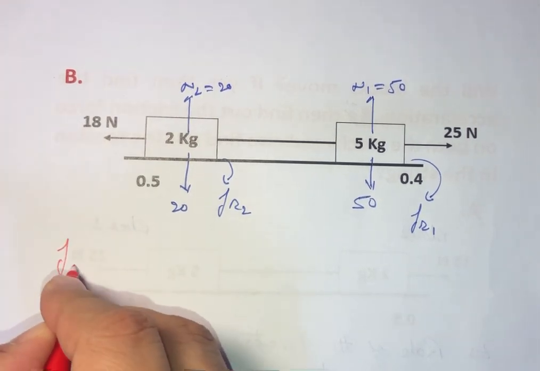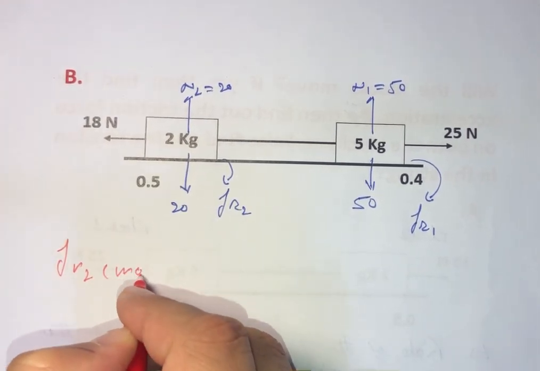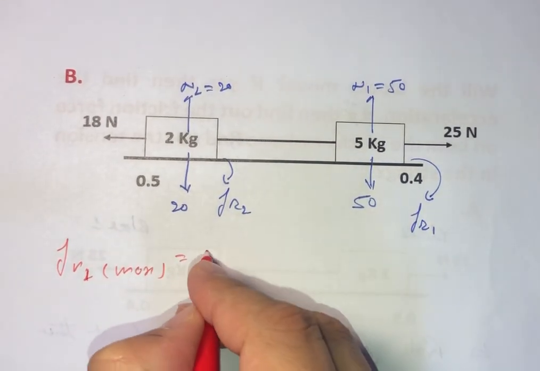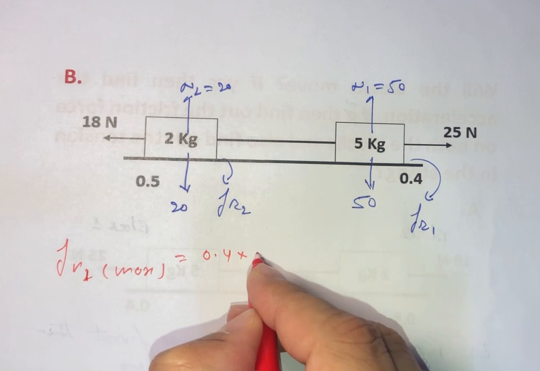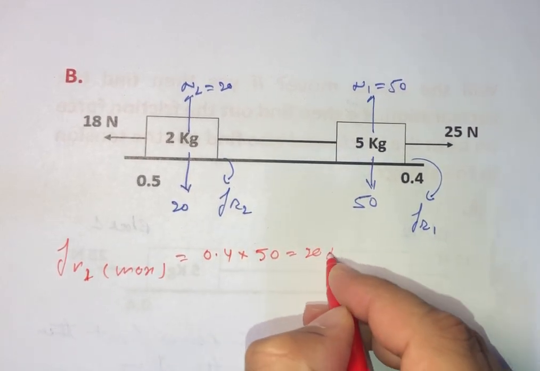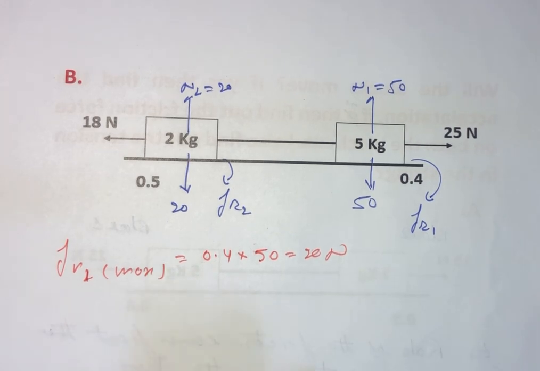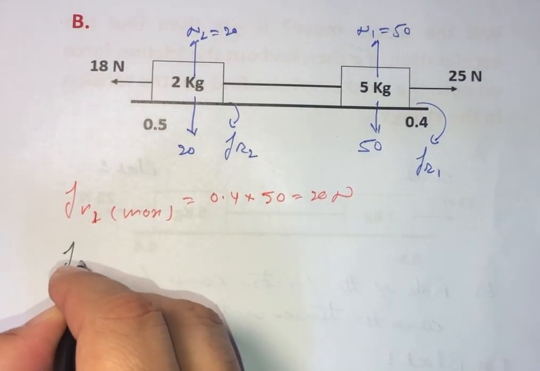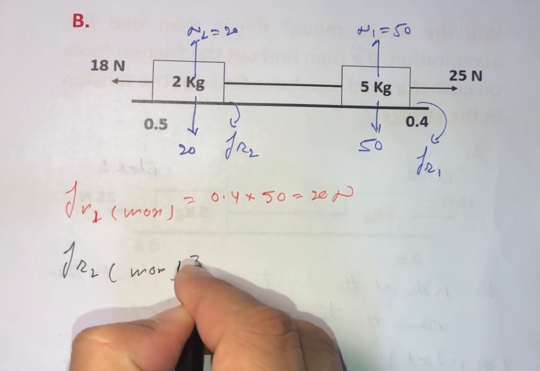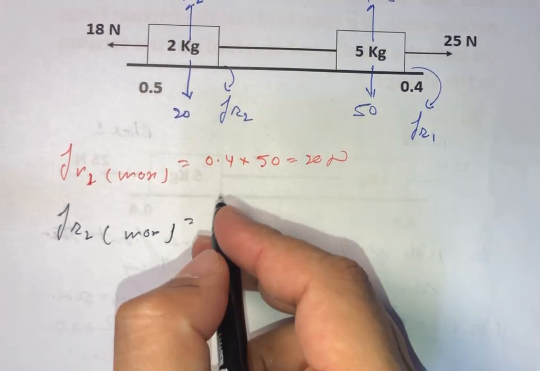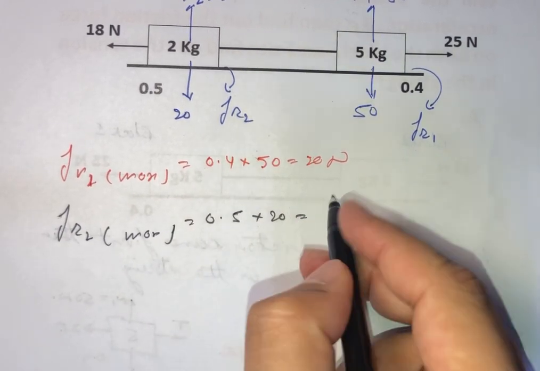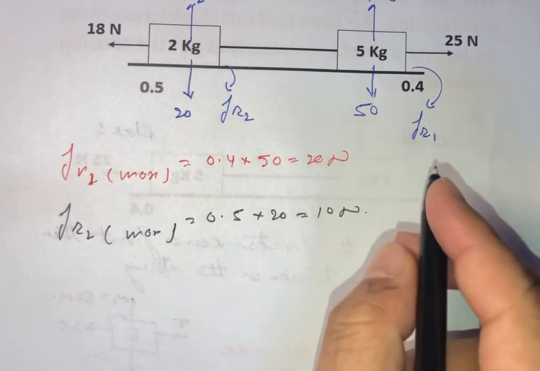Fr1 max will be equal to 0.4 into normal, that is 50, so we get 20 Newton, and Fr2 max is equal to 0.5 into 20, which gives us 10 Newton.